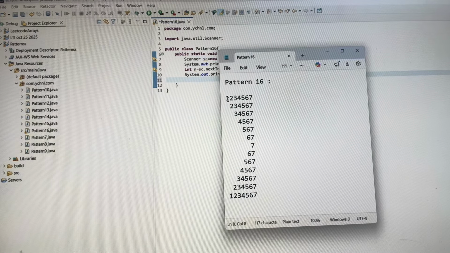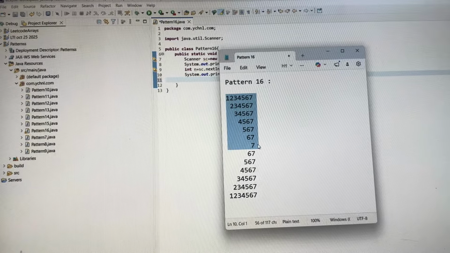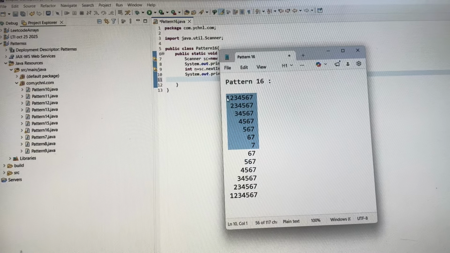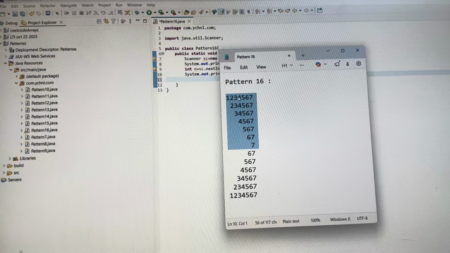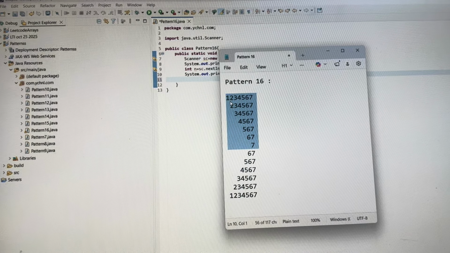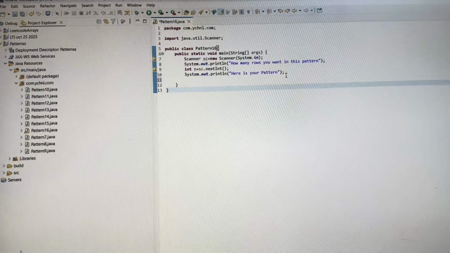First of all, we will print the upper half of the pattern. To print the upper half, the rows are in increasing order, and each element in the rows is also in increasing order, right? So both are in increasing order.